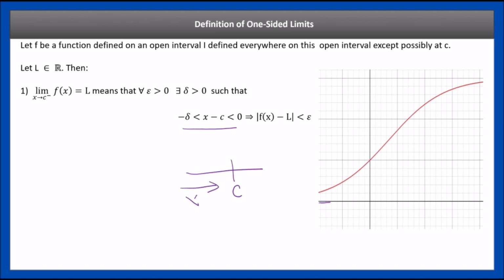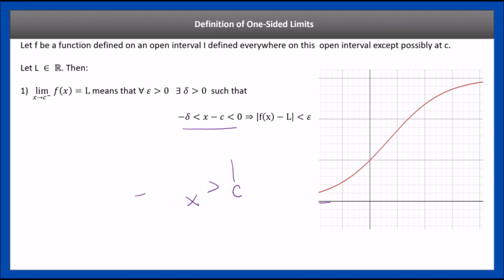So x is on the left side and it's approaching c. That means, of course, we have to have a negative delta here, so that this is c minus delta, and we're starting in between c minus delta and c. We are not approaching it from the right side, only from the left side, hence this inequality, okay?